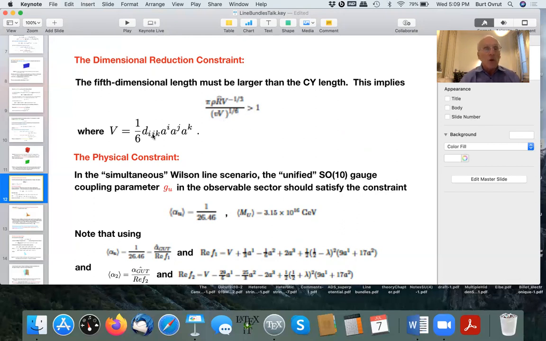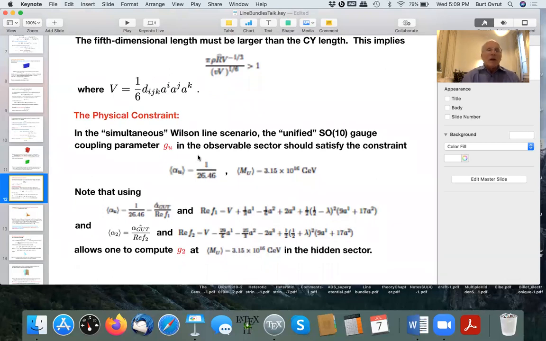V, which appears all over the place, is given by this particular expression, d_ijk times the various Kähler moduli, and little v is just a fixed volume that we put in by hand.